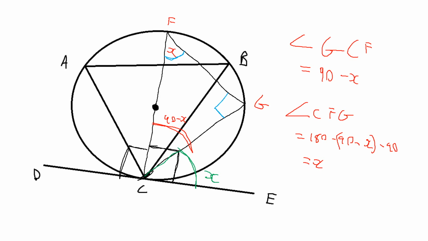And it just so happens that that is on the alternate segment. So therefore we can say that angle BCE is equal to angle CFG, that is, angle CFG in the alternate segment. So that's also going to be equal to x.